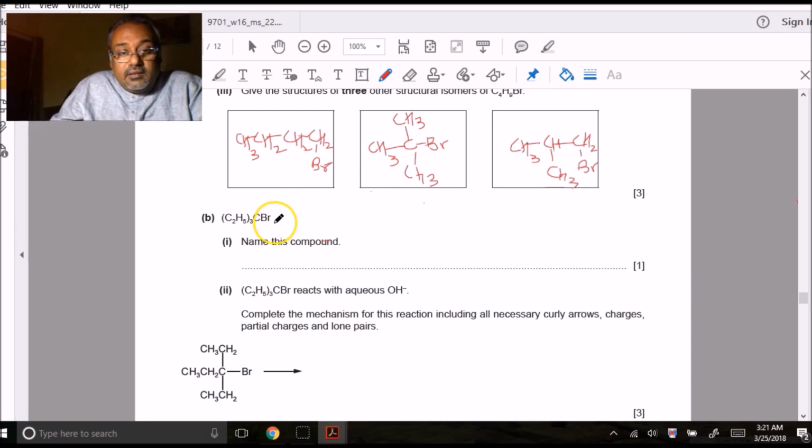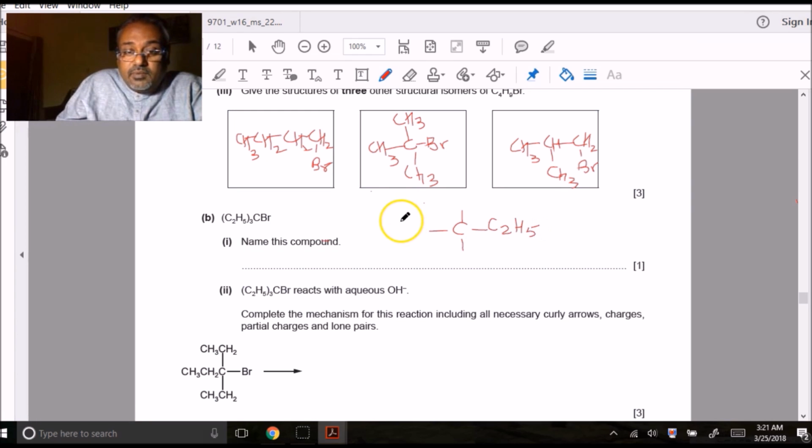This question asks you to try to name this compound. It's always good to open out the structure and see what it's made of. It has 3 C2H5. So I'm going to put a C2H5 here, a C2H5 here, and a C2H5 here, and then I have a Br.